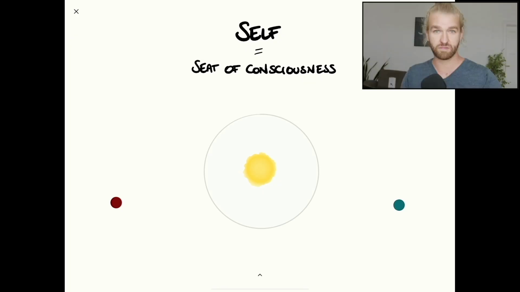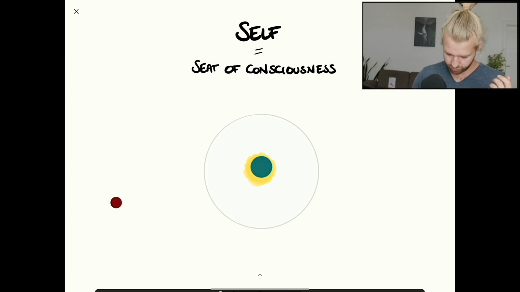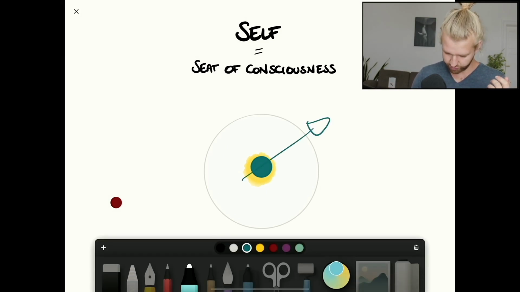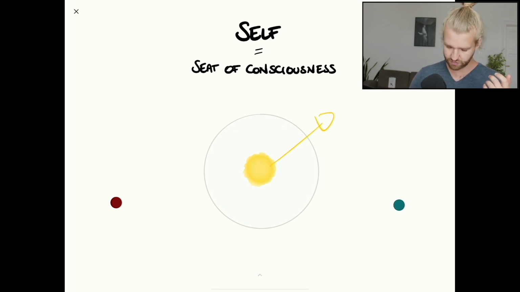But where is that consciousness coming from? That would be the question of the seat of consciousness. And the hypothesis is that it's coming from this self. When parts blend, we see the world through them. But when they've unblended, we can see the world more through that consciousness, that self.